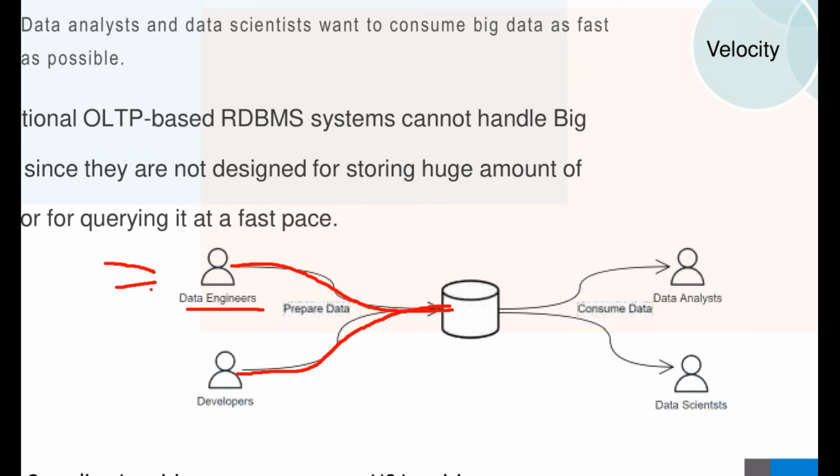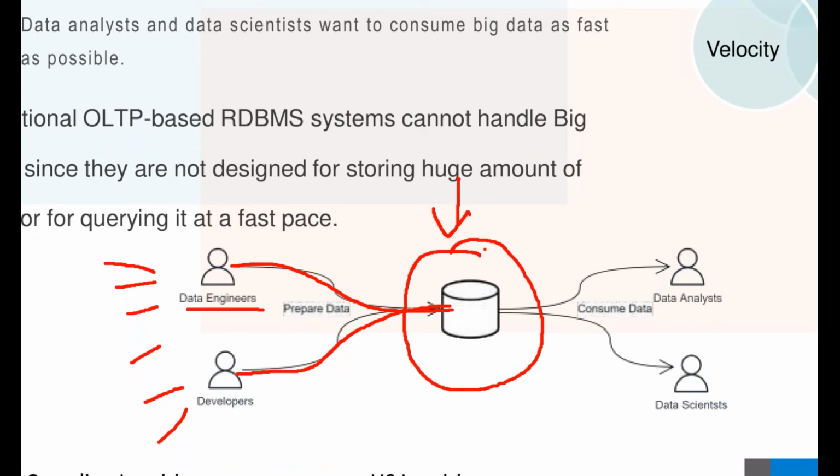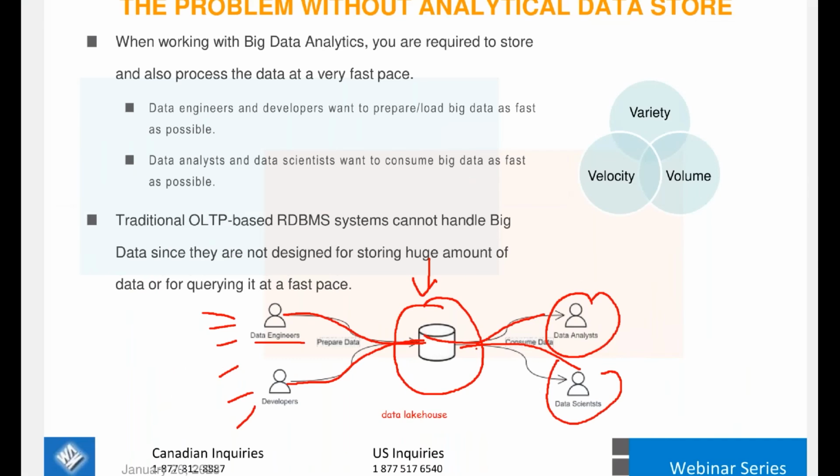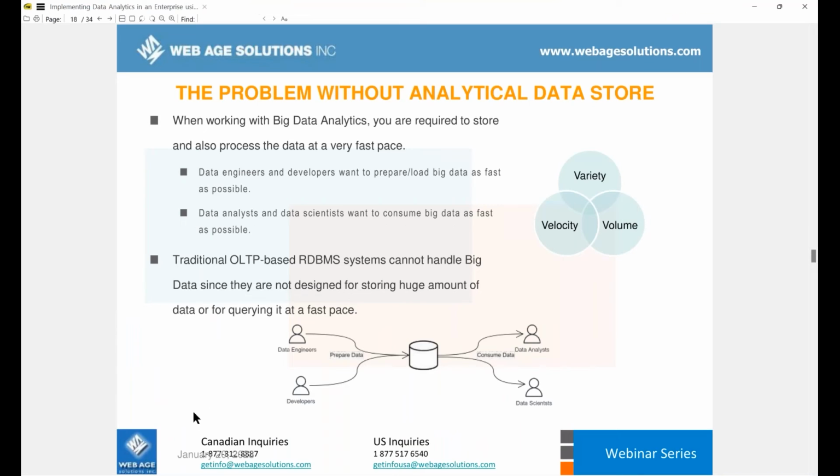They can connect to different data sources, like CSV, Excel, SQL Server, Oracle, etc. And they can load data into this particular data warehouse, which is also known as data lakehouse in case of cloud-based solutions. And data analysts would be there, and they will want to consume this data at a super fast pace, performance basically. So you want to make sure performance is top-notch.